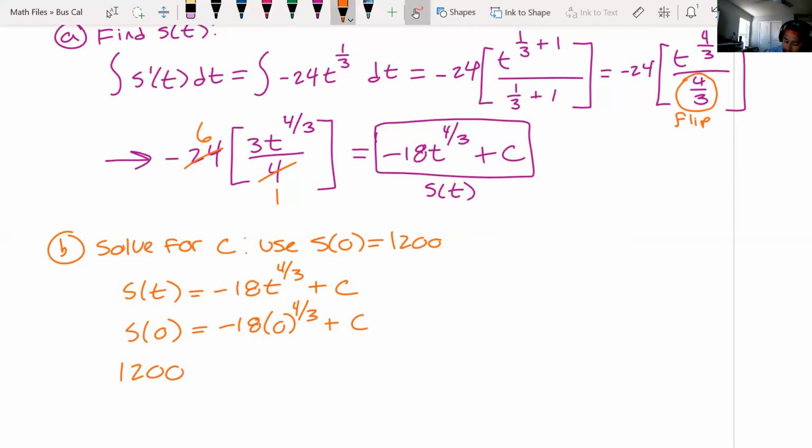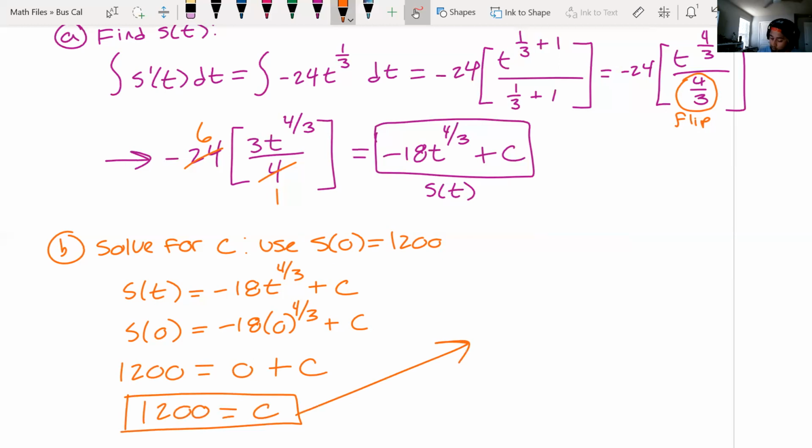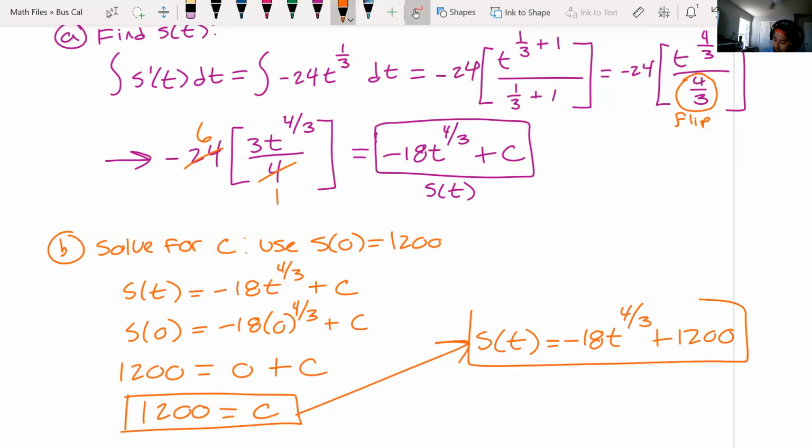So this becomes 1,200 equal to 0 plus c. So c is just 1200, which means our equation for S of t is now negative 18 t to the 4/3 plus 1200. There we go.